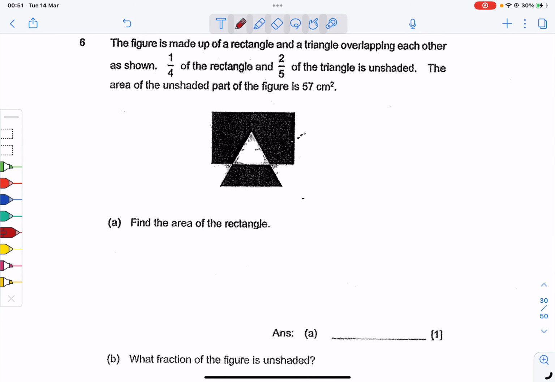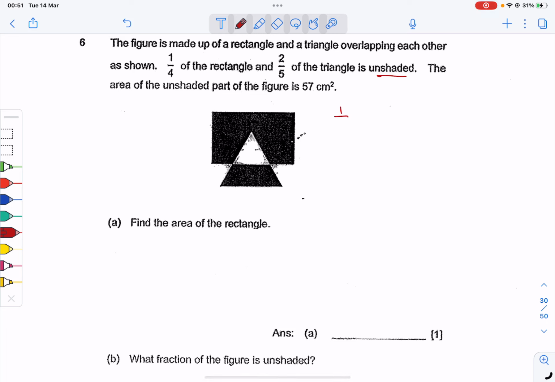Question number 6, we have a figure made up of a rectangle and a triangle overlapping each other as shown. 1/4 of the rectangle and 2/5 of the triangle is unshaded. Notice in the figure the unshaded is the common area of the rectangle and triangle.